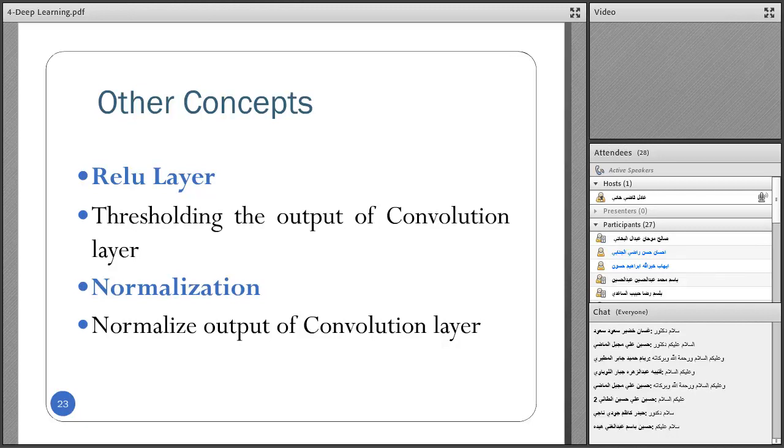We have feature extraction. That is the main difference between a normal neural network and a convolution neural network. In the convolution neural network, we have feature extraction.